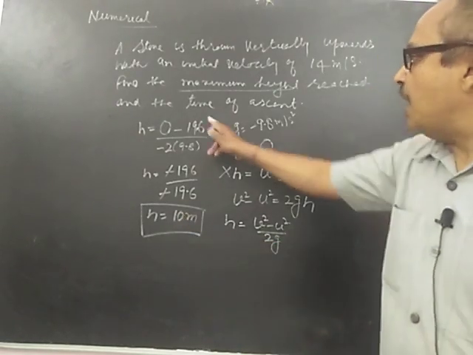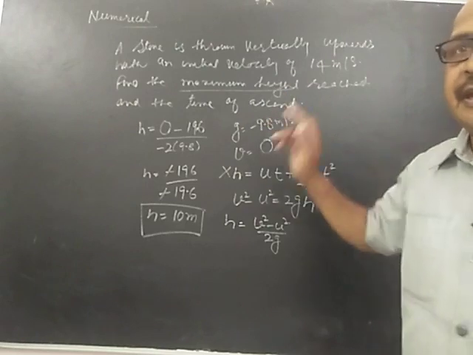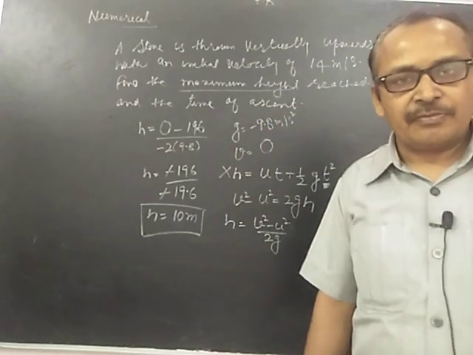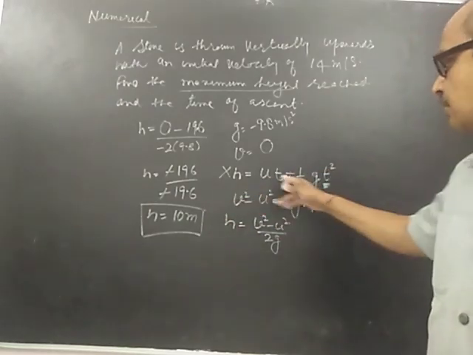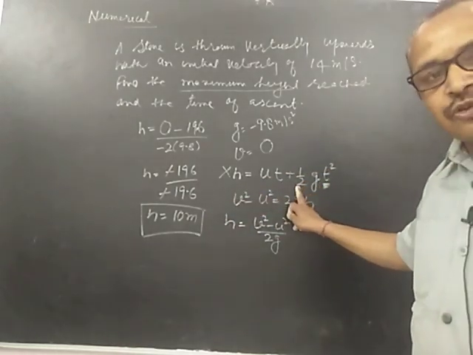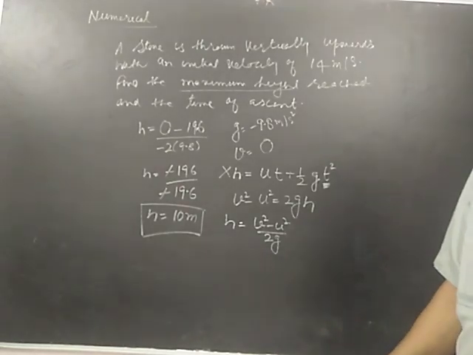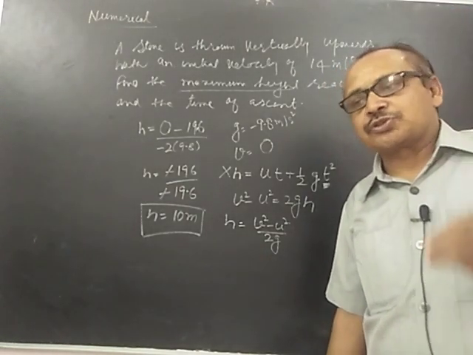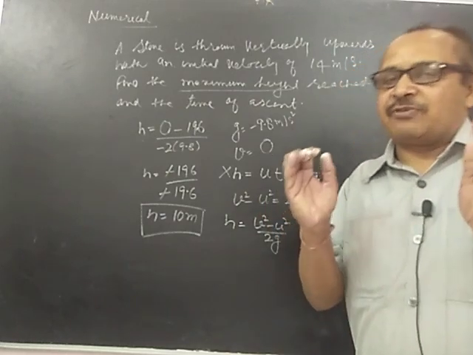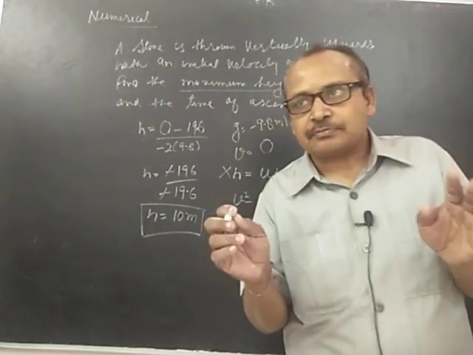Second thing is, how much time will it take to reach there? Either you can put the values here, or even if you want, you can use the first equation of motion. Now try to understand one thing. One thing is very clear, my child.